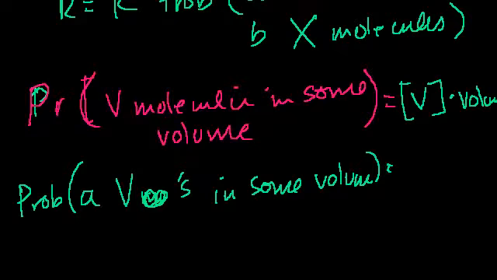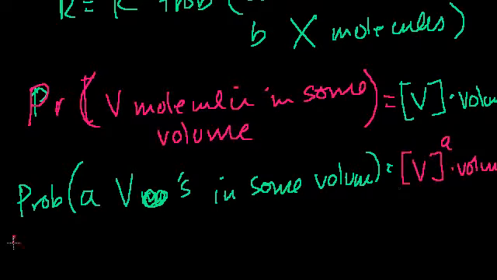So it's going to be equal to, and this is just from the probability concepts that we learned in the whole probability playlist, that if you want to have 5 heads in a row, it's 1/2 to the 5th power. If you want to have V molecules there, 5 of them at the same time in some volume, or A of them, it's going to be the concentration of V to the A power times the volume.